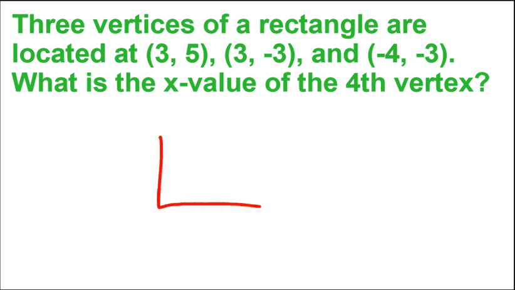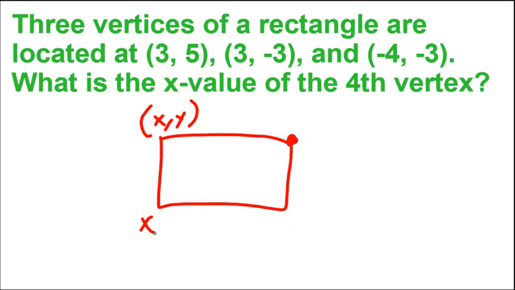If I just draw a rectangle, and we pretend we got x and y right there as an ordered pair, right? This corner over here, is that the same height? It's got to have the same y value, right? Everybody follow on that? This one here will have to have the same x value, this will have to have the same y value.